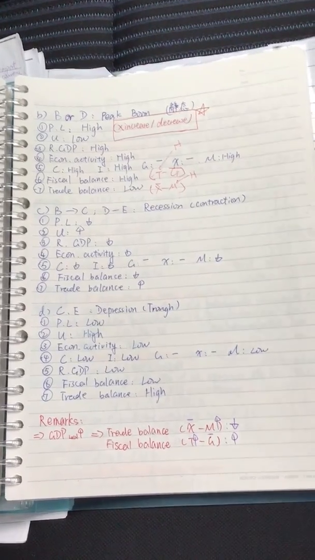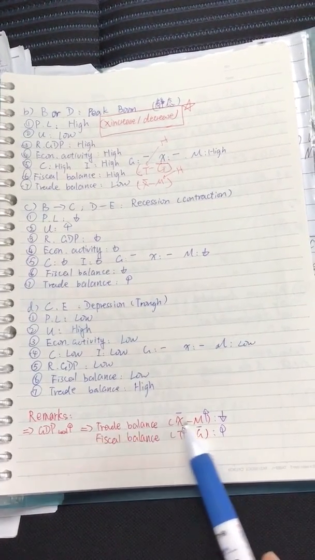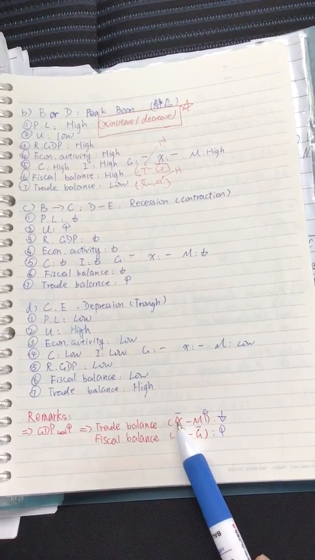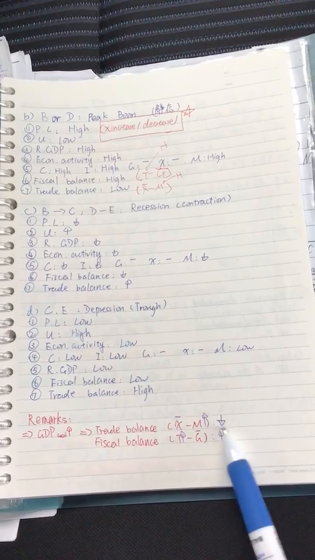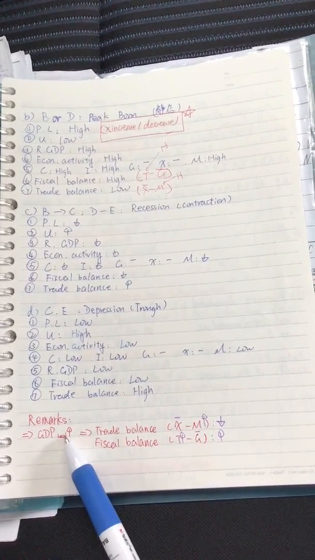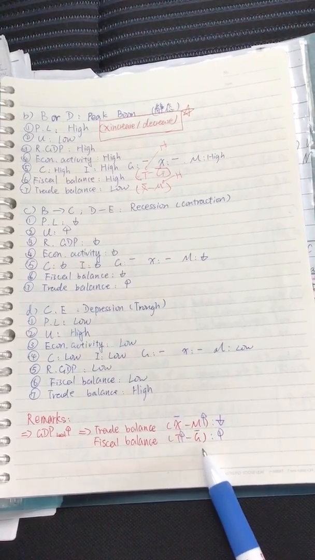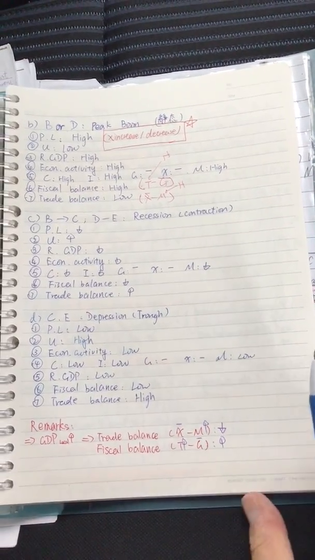Okay, but bear in mind that when the local GDP increases, the export has no change, depending on foreign country GDP, but import goes up, so the trade balance will fall. And when the local GDP increases, tax will go up, G remains no change. That's why the fiscal balance overall will go up. Okay.